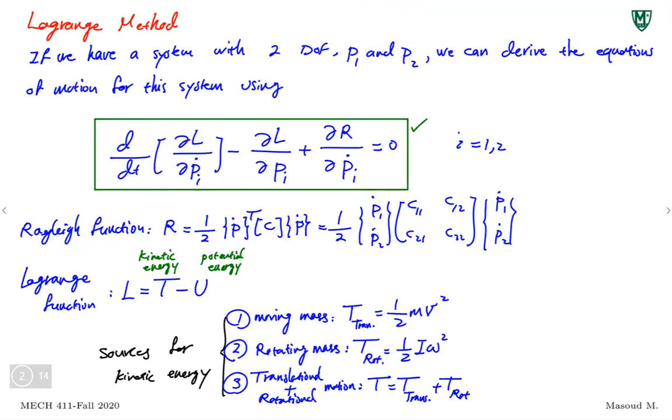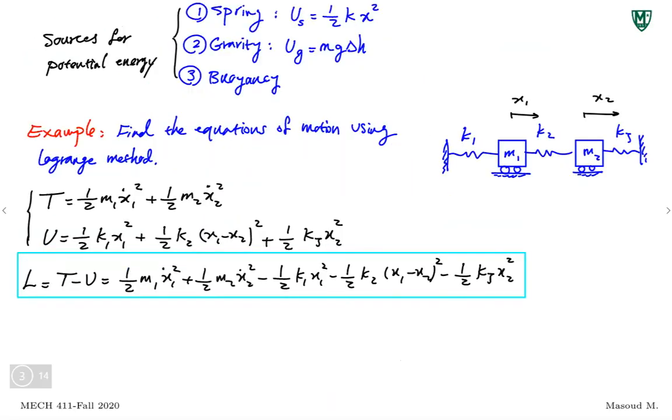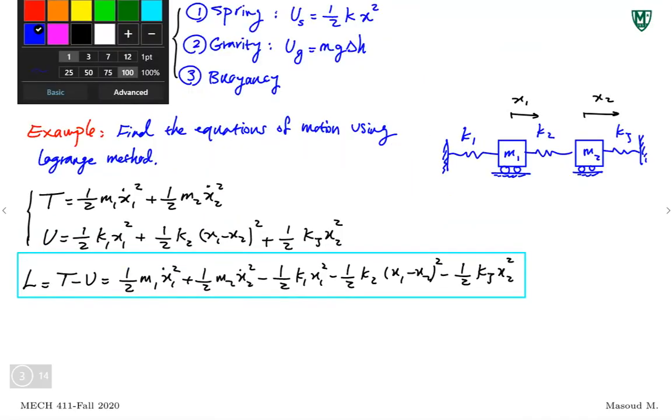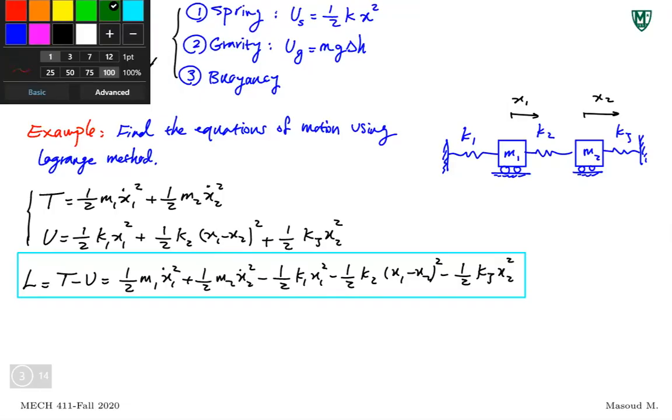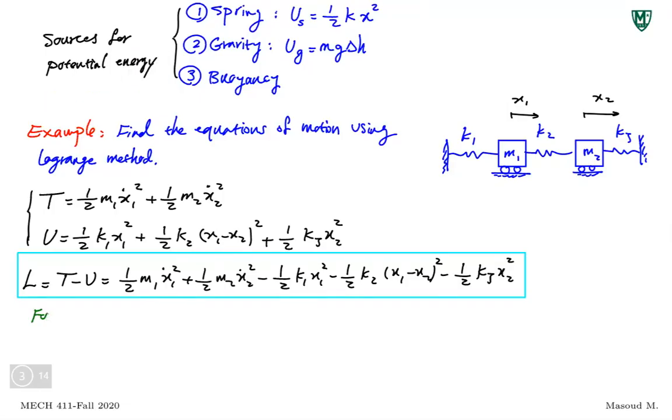Now, next step would be to use this equation to find the equation of motion for each degree of freedom. So for i equal to 1, we have P1, the first degree of freedom, and the first degree of freedom is x1.